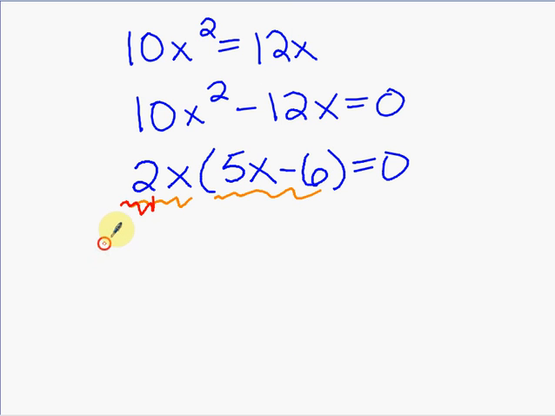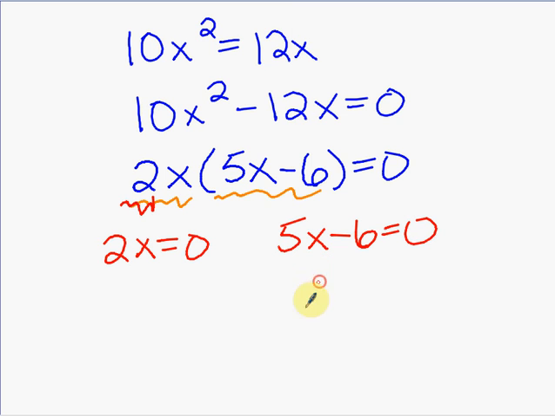If we were to take 2x and set it equal to 0, and we divide both sides by 2, you're going to get x equals 0. Or we have 5x minus 6 equal to 0. And when we solve that, we'd add 6 to both sides and divide by 5, so we get positive 6 over 5. So my 2 answers will be x equals 0, or x equals 6 over 5.